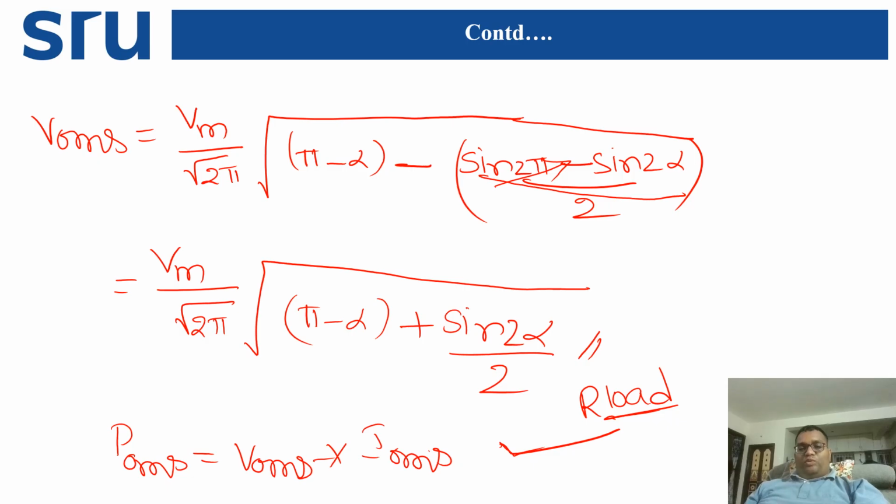Now suppose we observe the single phase full wave bridge type configuration with RL load: the waveform will be exactly equal, but the circuit will be completely different. Now we will see that circuit diagram.